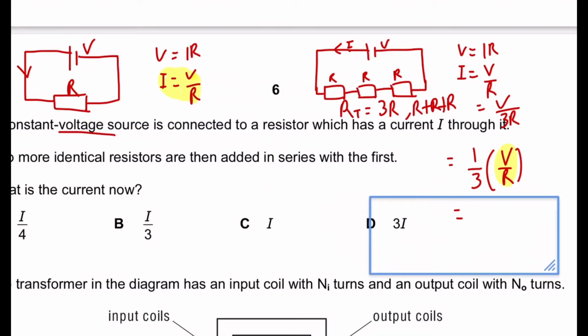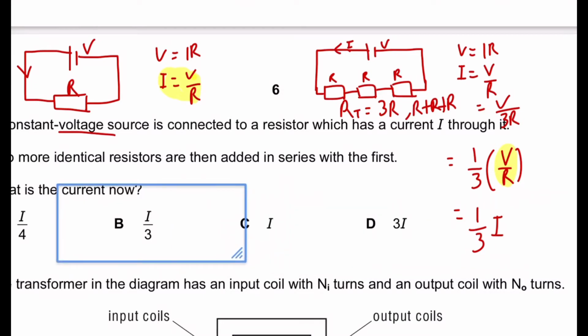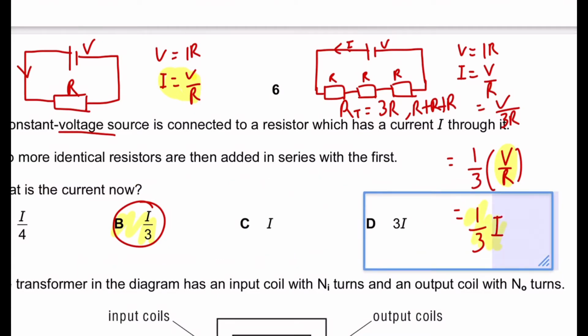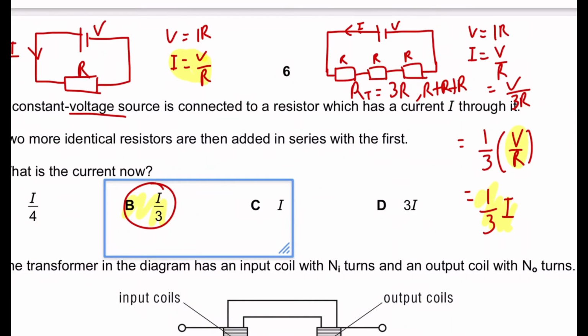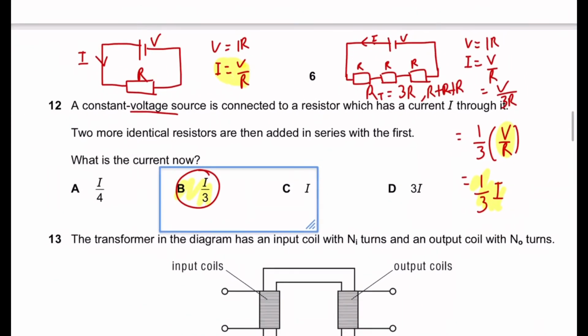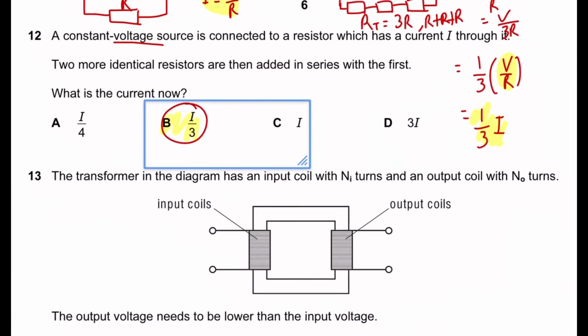So the value will turn to 1/3 of I. The answer will be B. I divided by 3 is the same as this one. So the answer is B. A bit time consuming to figure out, but it's good to know this.